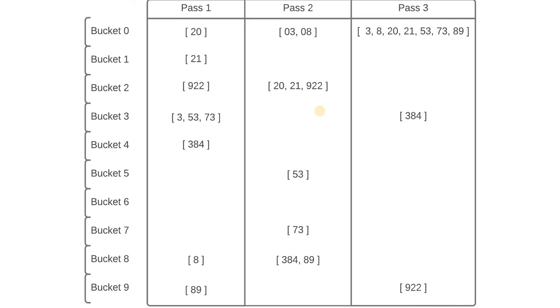In the second pass, all the two-digit numbers and the single-digit numbers will become sorted. And in the third pass, we'll sort all numbers, the single-digit ones, the double-digit ones, and the three-digit ones. So in the third pass, this 922 over here and the 384 over there will become properly sorted. So yeah, let's get back into the pass table.